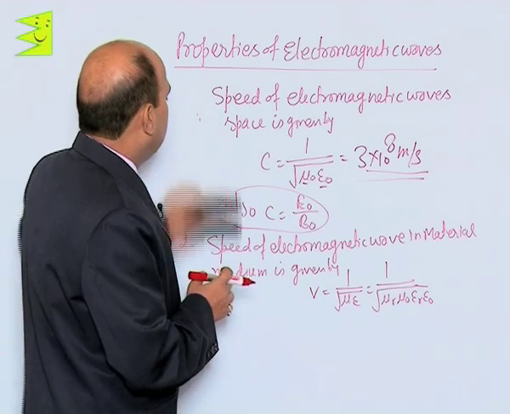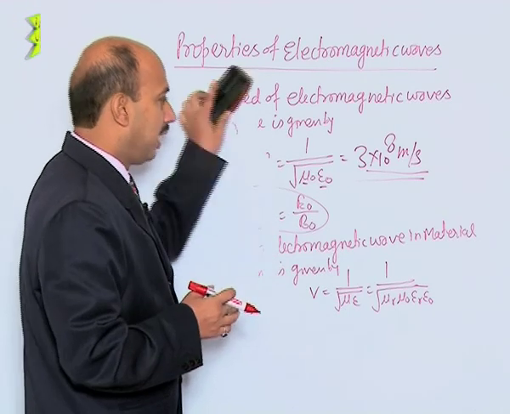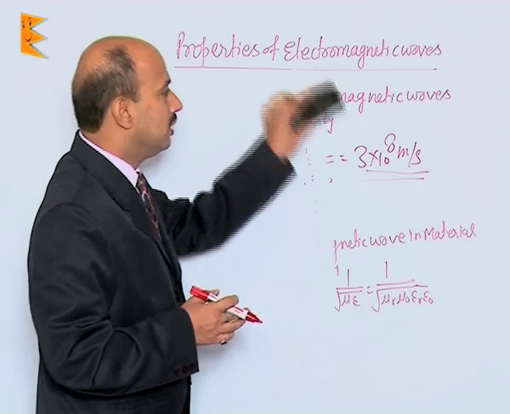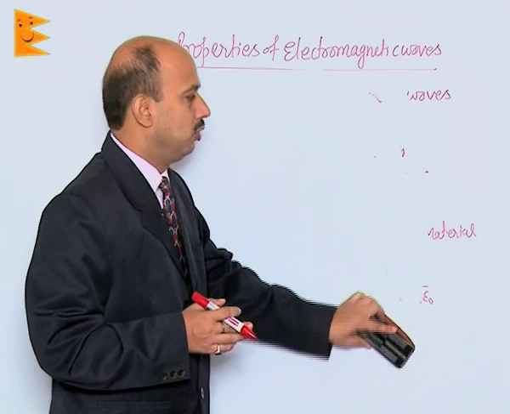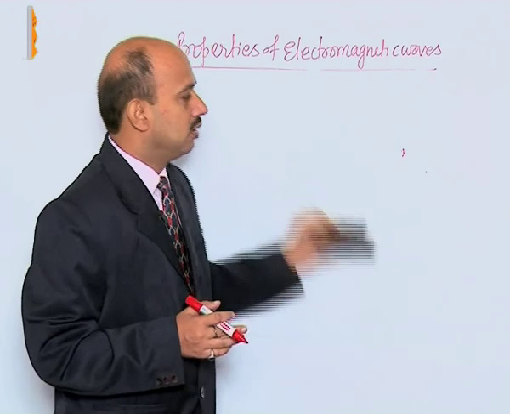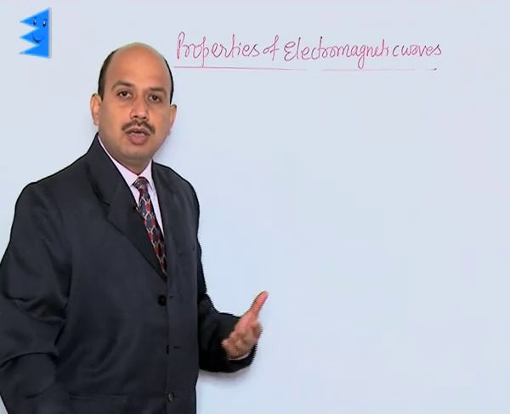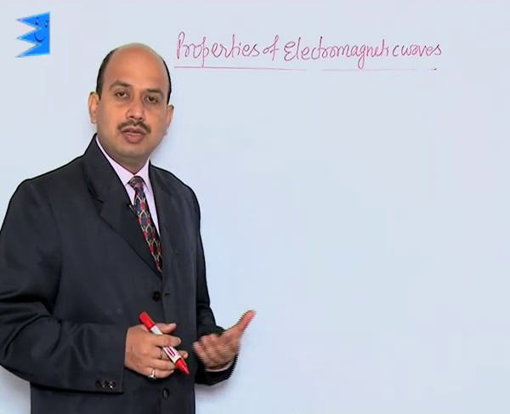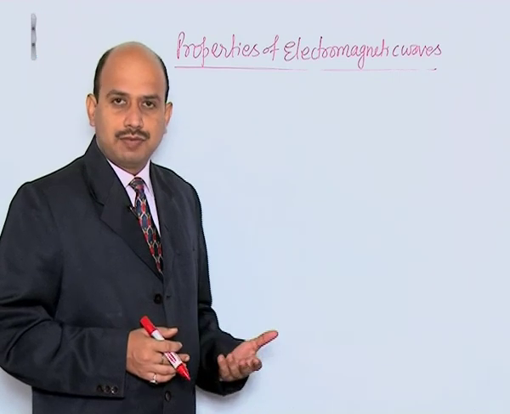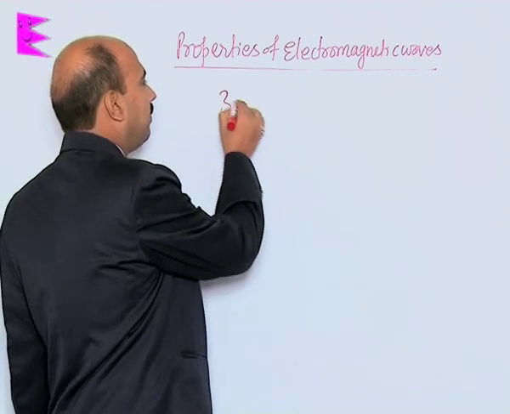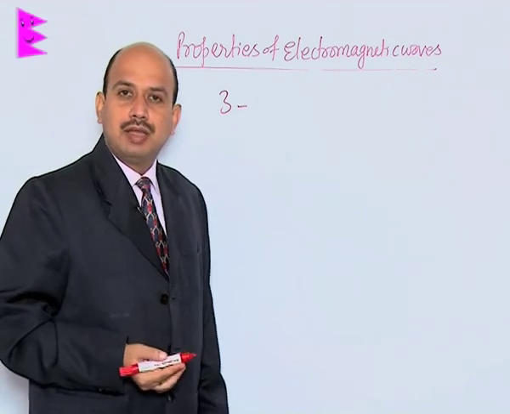Now, after this there are two other properties also there. As we know, electromagnetic waves have some speeds and all that. These waves carry energy and momentum also, like other waves. See here, electromagnetic waves are actually due to the oscillation of electric and magnetic field. So, obviously these waves have energy due to the electric field and magnetic field.